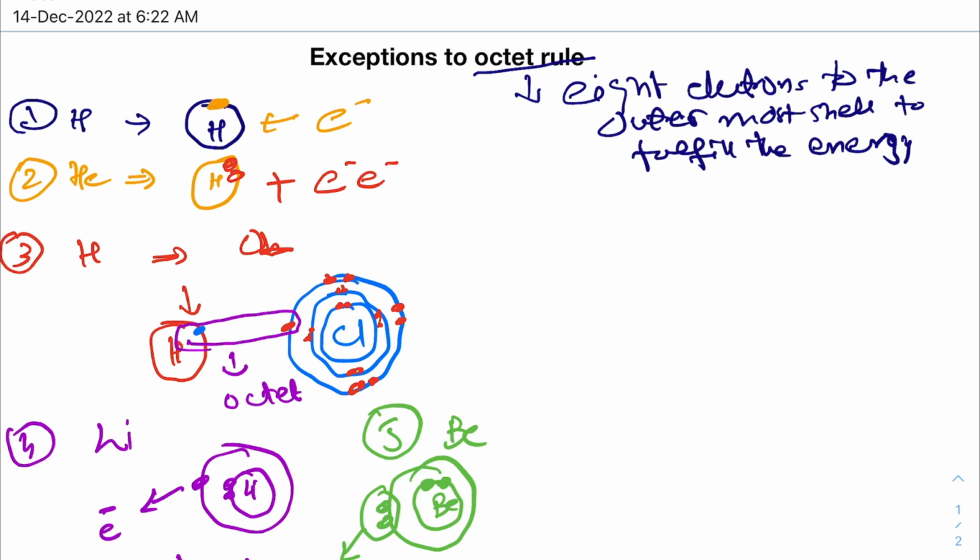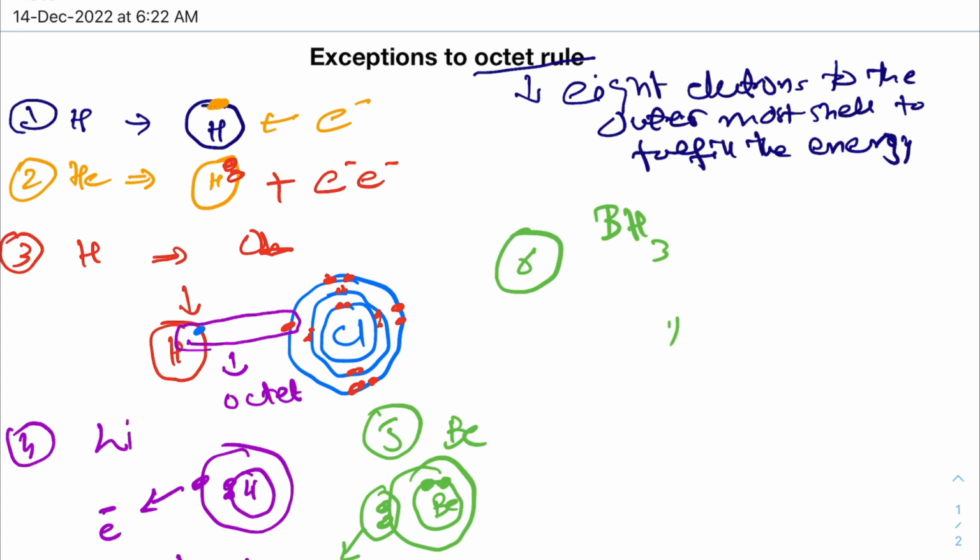While in the case of boron, boron is another exception in which boron utilizes all of its 6 electrons to form bonds with hydrogen to give BH3.